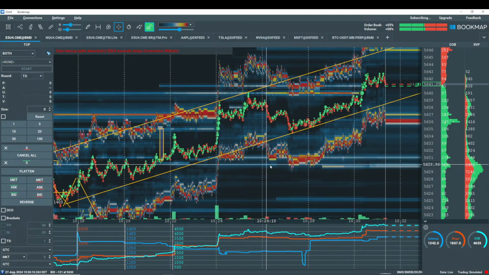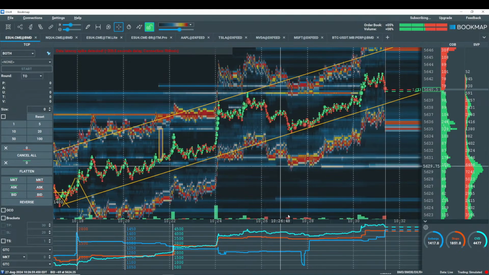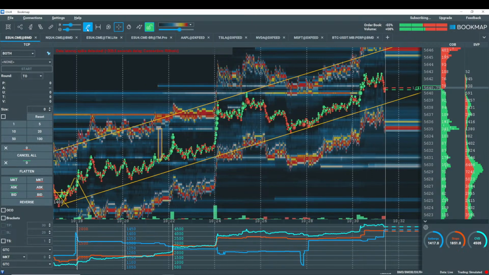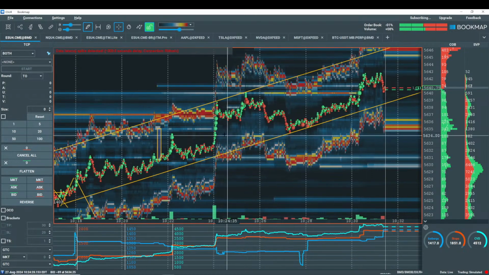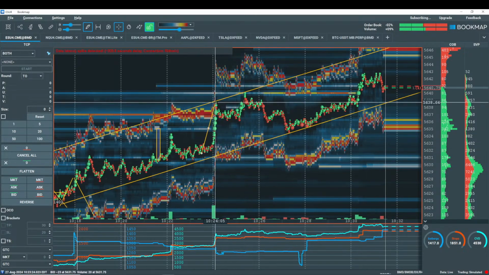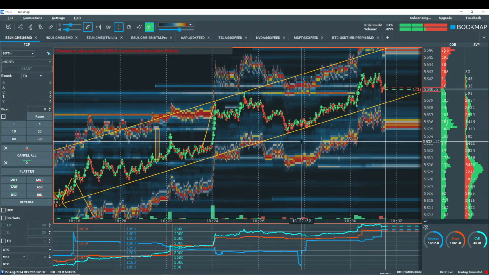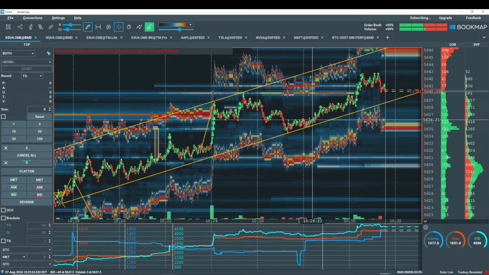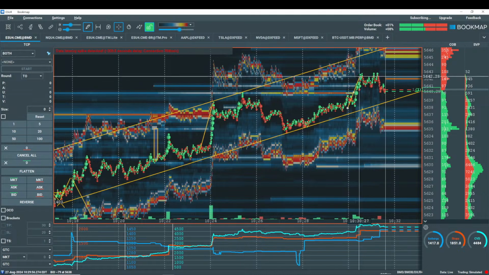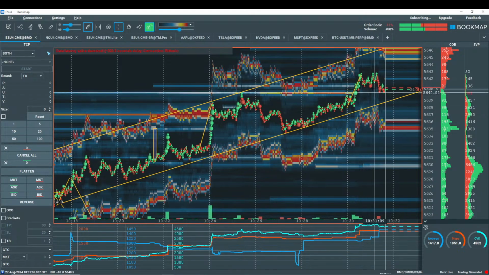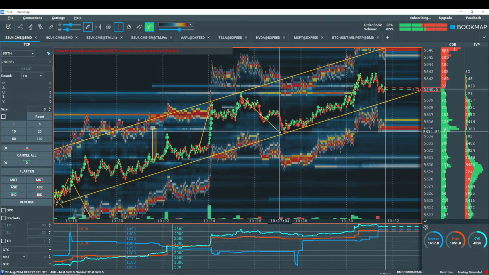Okay, and then expectations for these moves too. That's a strong move. Here's another move here. And what about the pullbacks?